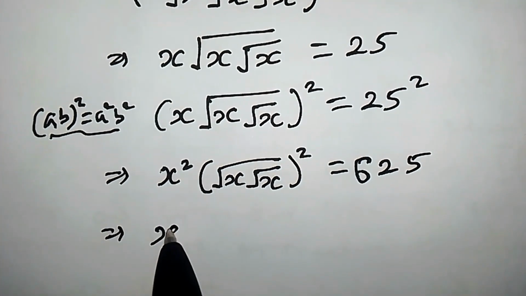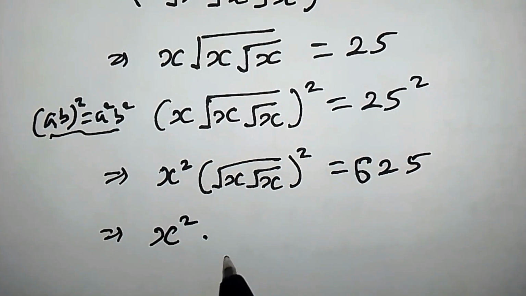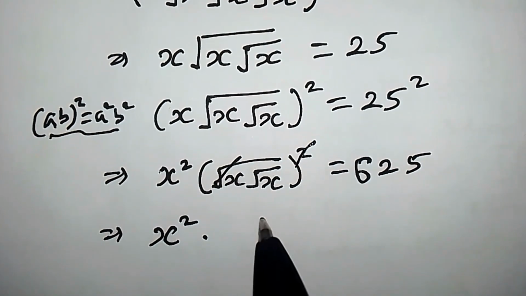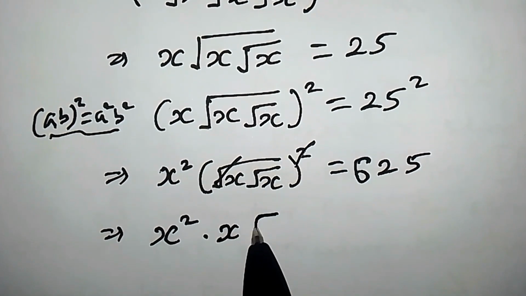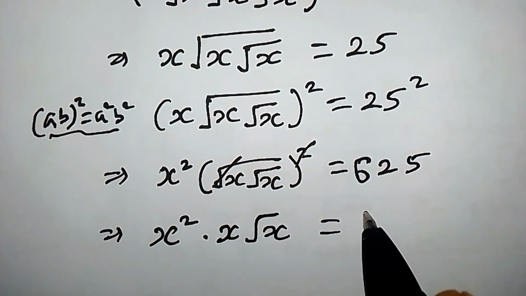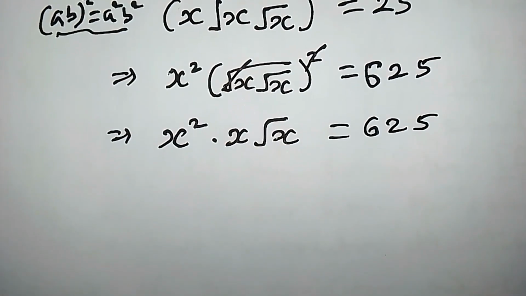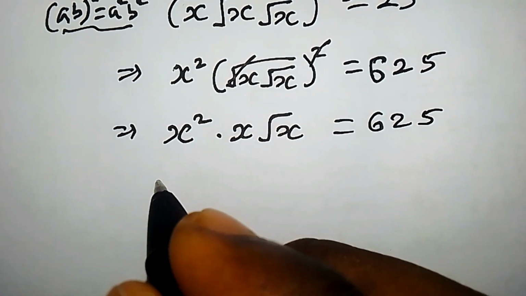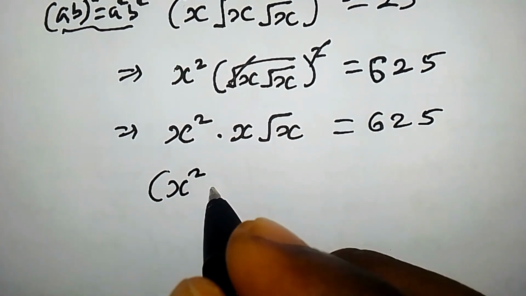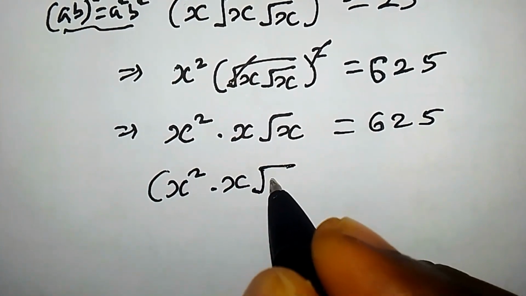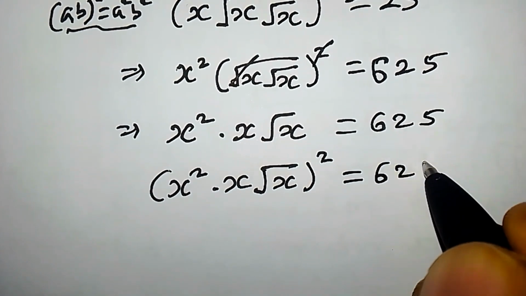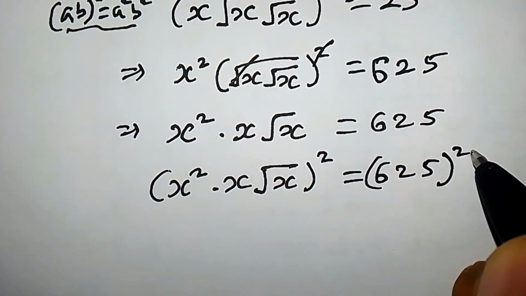This implies that x squared times this bigger square root takes care of these two. So we are left with x times square root of x equals 625. So let's proceed further. Let's square both sides of this equation again. So we will have x squared times square root of x all squared, which is equal to 625 all squared.